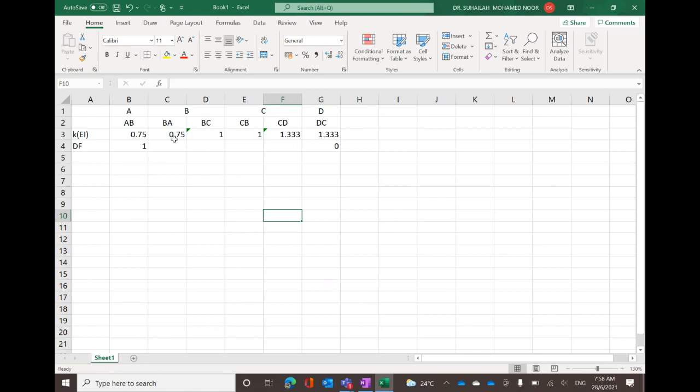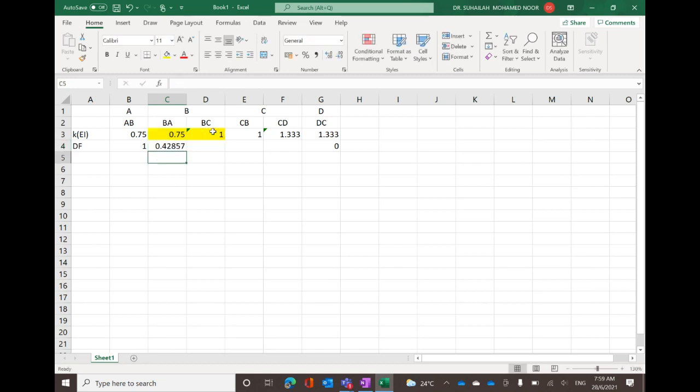So for BA, the total joint stiffness, BA plus BC, is 1.75. To calculate the distribution factor for BA, it is 0.75 divided by the total, 0.75 plus 1, which is 1.75.